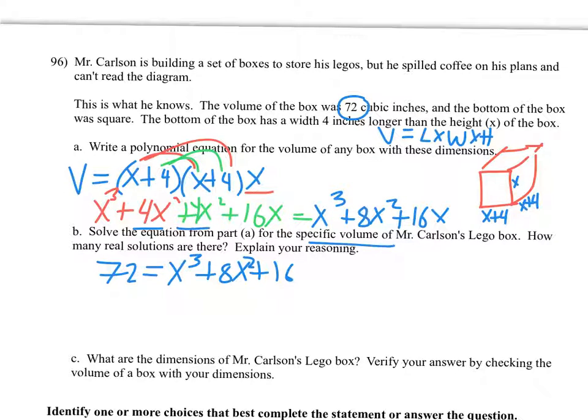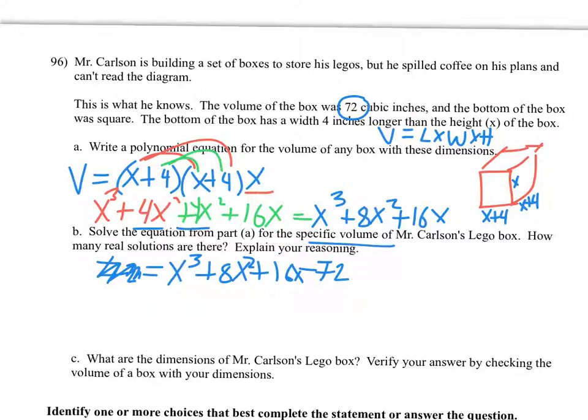And then I'm going to bring 72 to this side, and we end up getting something like this. And this is not going to be factorable by grouping, which is not what I had intended for this. So give me 1 minute.